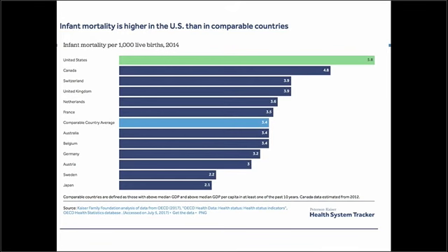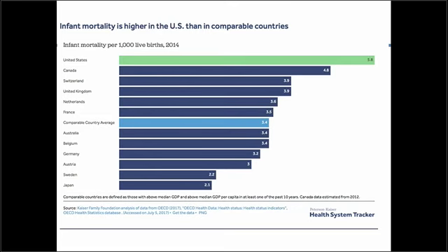And so this figure shows the infant mortality in the United States compared to comparable countries, and comparable countries means that those have a similar GDP, or gross domestic product per capita, in at least one of the last 10 years when compared to the United States. And this gives us the infant mortality per 1,000 live births in 2014.